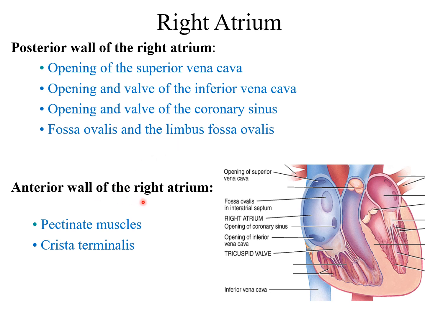And the anterior wall of the right atrium contains pectinate muscles and crista terminalis. Here is a sketch showing the superior and inferior vena cava, coronary sinus, fossa ovalis, the right atrium, and then the opening into the right ventricle. So this is all about our right atrium.